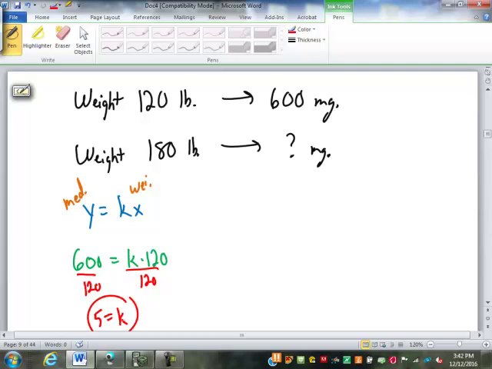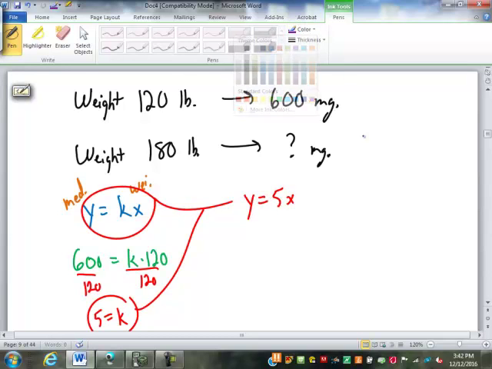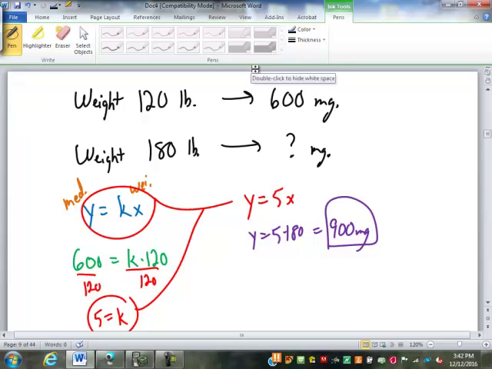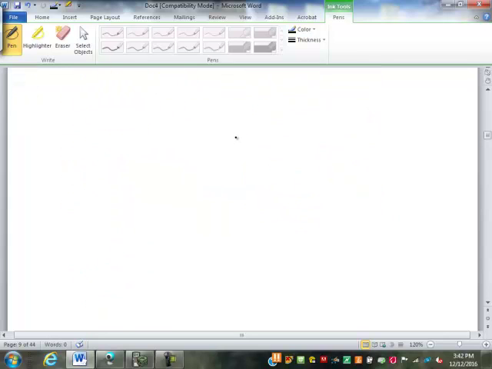So that's telling us it's 5 milligrams per pound. So Y equals 5 times X. And we say, okay, we are 180, so Y equals 5 times 180, which equals 900 milligrams for you. Make sense? Mechanical advantage is another one.